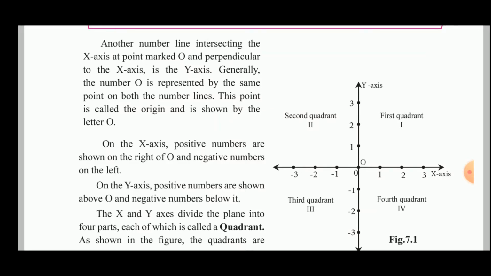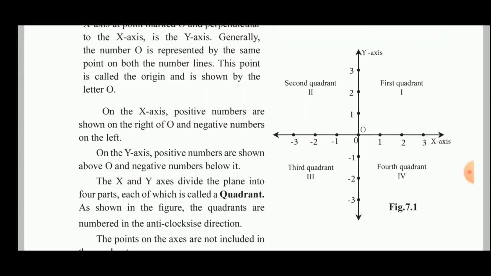Another number line intersecting the x-axis at the point marked O and perpendicular to the x-axis is the y-axis. This number O is represented by the same point on both the number lines. This point is called the origin and is shown by the letter O.